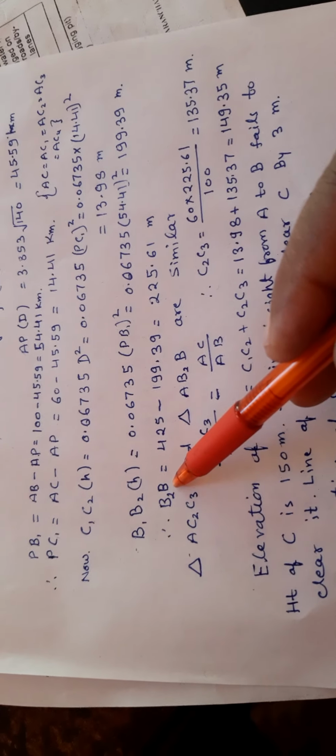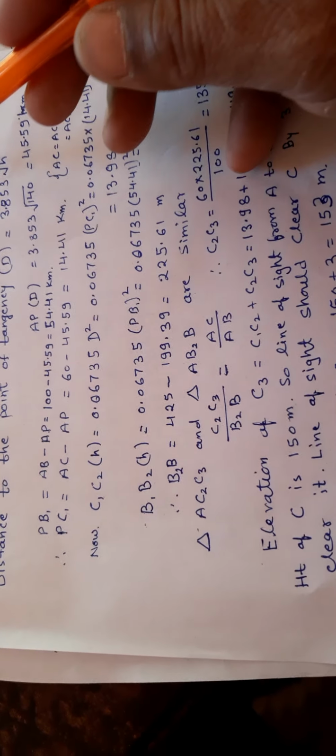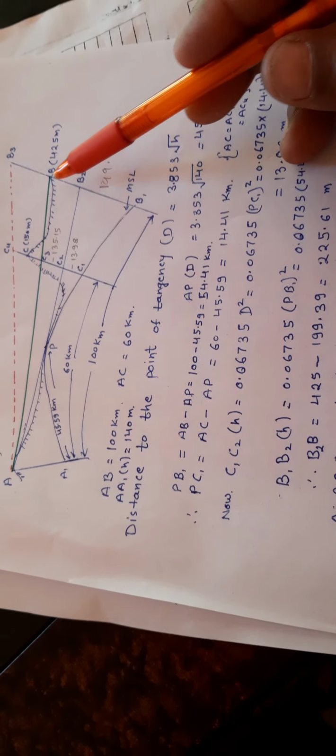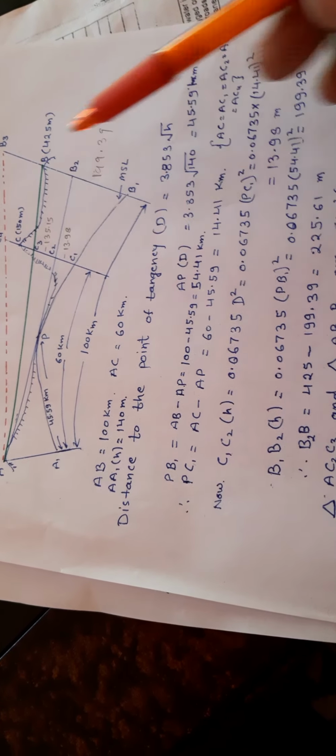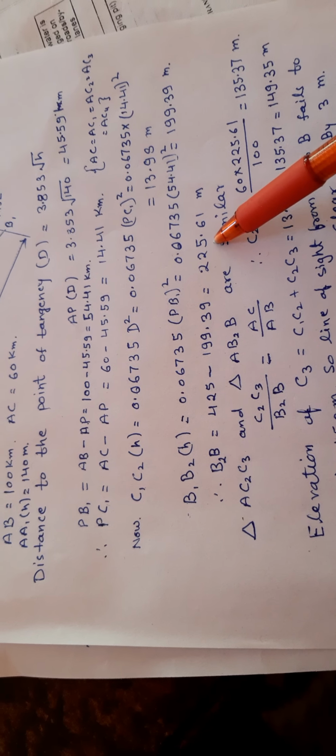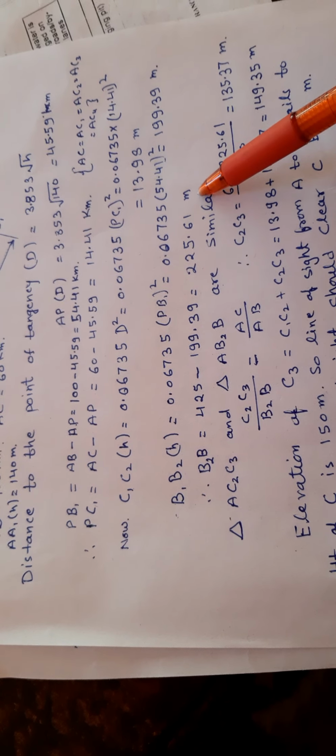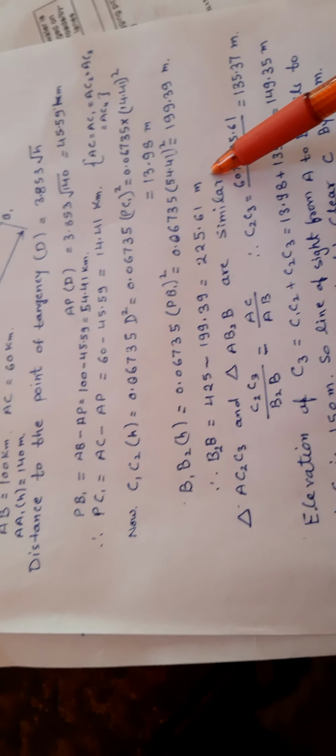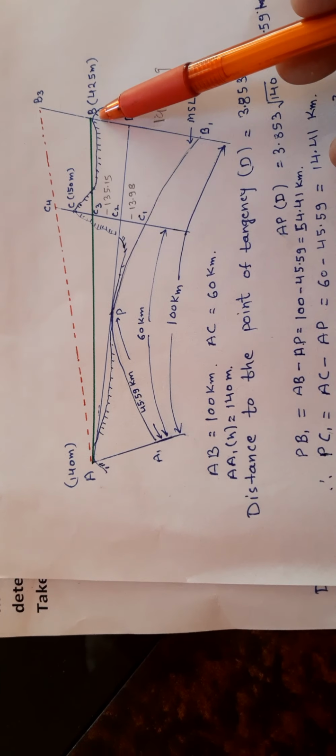Now B to B, this distance on the diagram B to B, 425 minus 199.39. This value is 225.61 meter. Now again we see the triangle in the diagram A, C2, C3 and A, B2, B. These both triangles are similar.